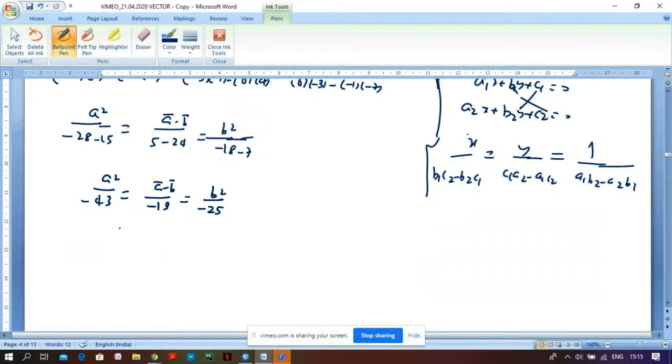You can again write this as a squared over 43 is a dot b upon 19 is b squared over 25. Let's call it k.